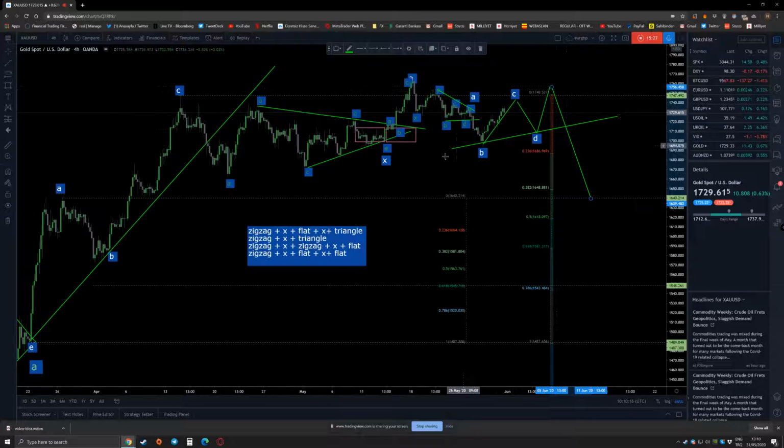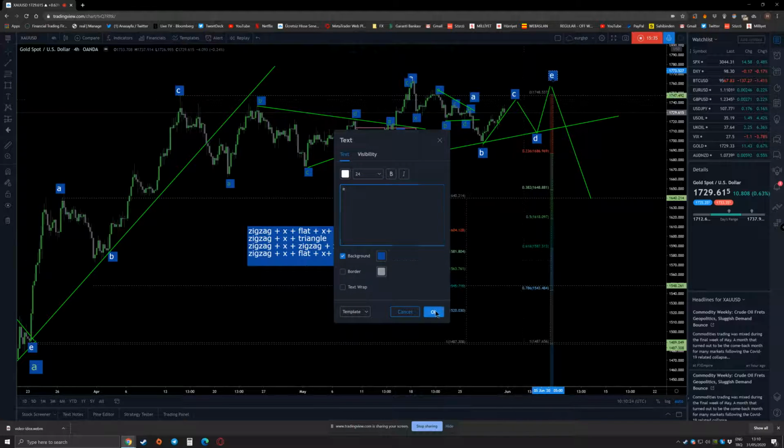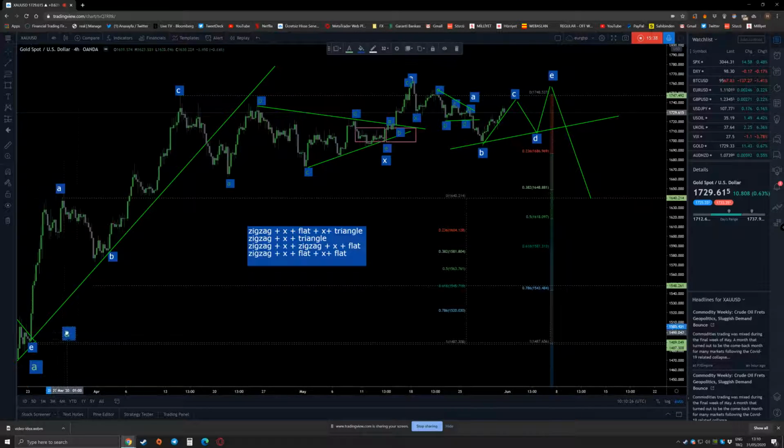And when we put this wave E here, do you remember this wave A? Yes, of course, but please don't care about this bigger degree. If the price does this, then I understand that all this wave from A, B, C, X, and A, B, C, D, E, from here to here, has ended here. Okay, this is one possibility.